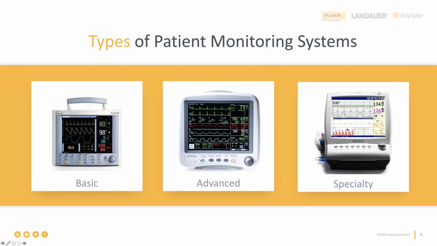Blood pressure might not be measured non-invasively with a cuff, but invasively with a transducer, and possibly from multiple locations in the body. These monitors can do much more than the basic monitor, and in addition to pulse oximetry, they may even add end-tidal carbon dioxide, EtCO2, especially if the patient is ventilated.